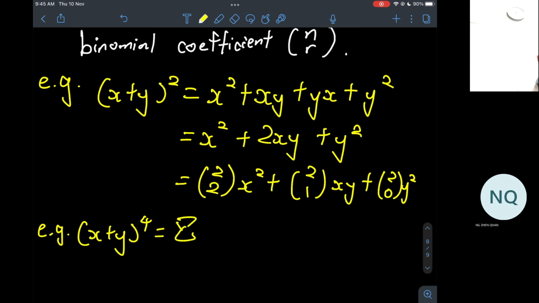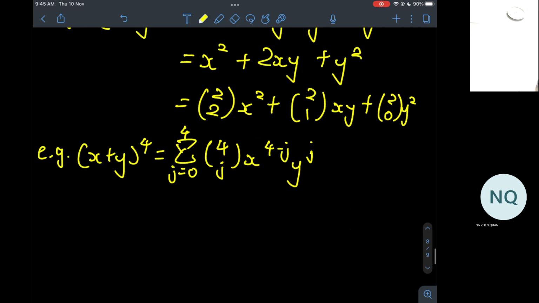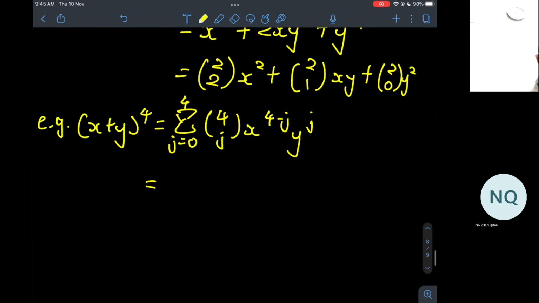I provide a formula with a sum over j equals 0 to n. Let's try to see this example first. So what this means is 4 choose 0 x to the power 4, plus 4 choose 1 x cubed, and so on.